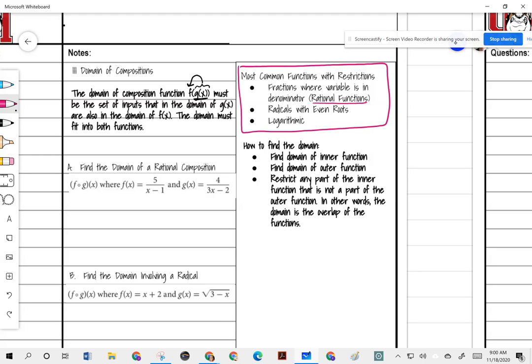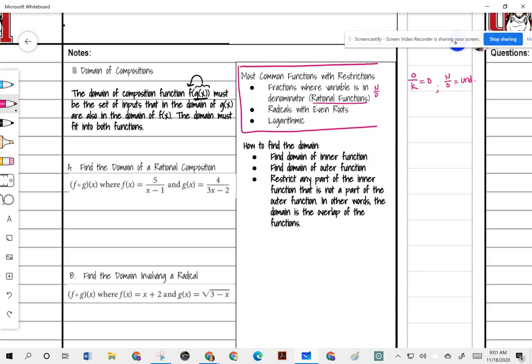So let's just remind ourselves that it is okay when 0 is on the top, but no if you are dividing by 0, all right? So when you divide by 0, you get something that's undefined.